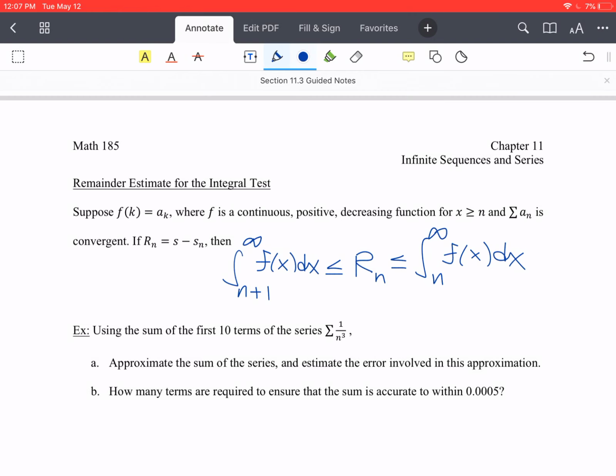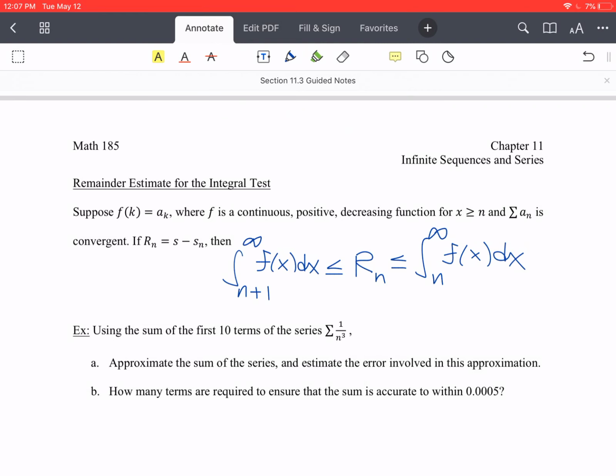If we're trying to visualize what's happening here, we have our curve doing something like this, and here is n, here is n plus 1. We're saying that the value of the remainder is going to be somewhere between here and here. So somewhere in there we get our remainder value. It's telling us how close we came to getting the actual sum.